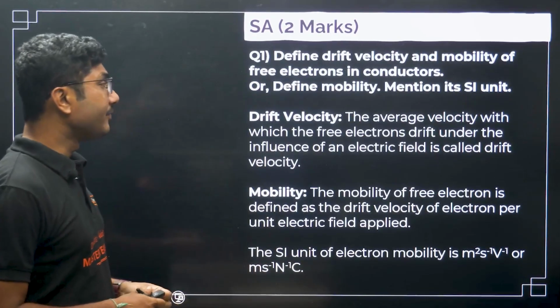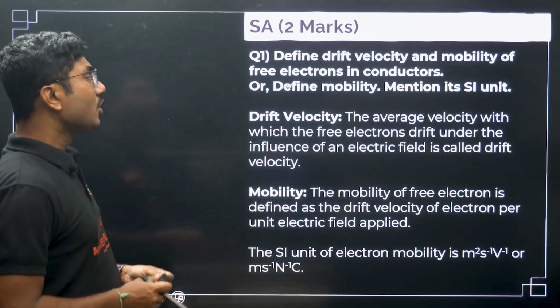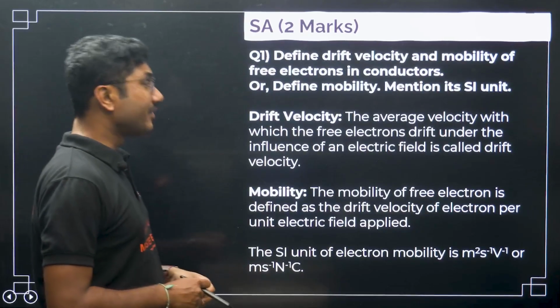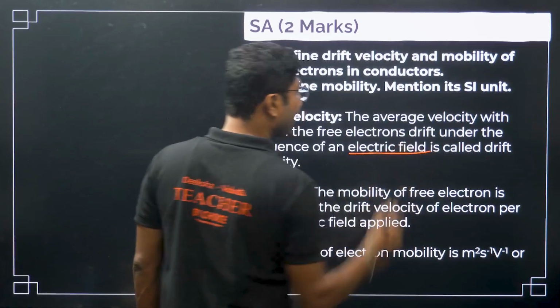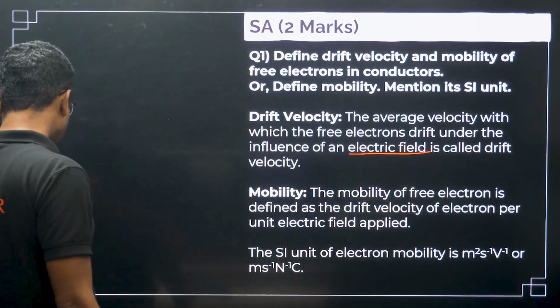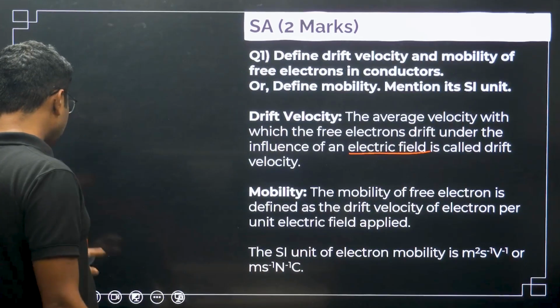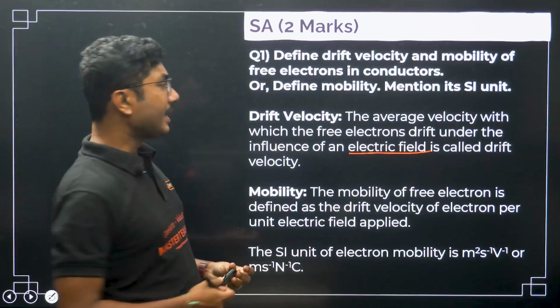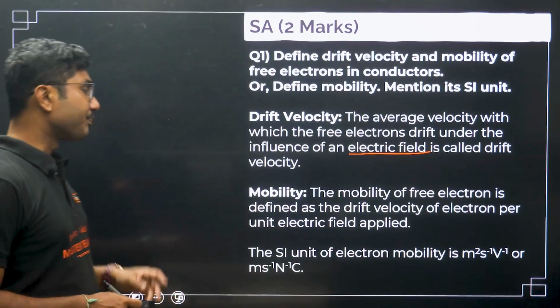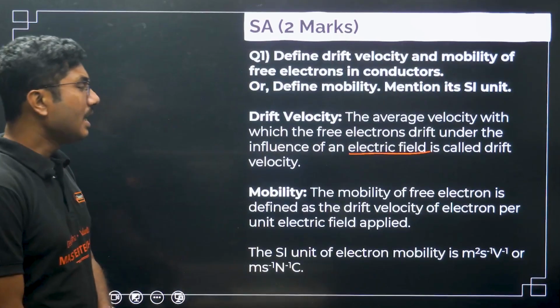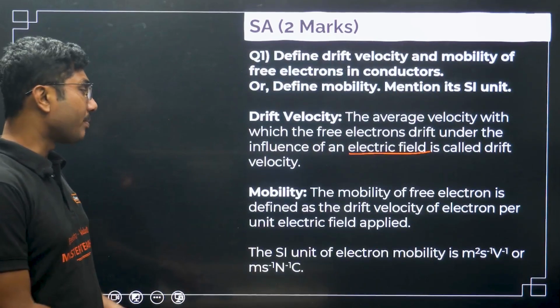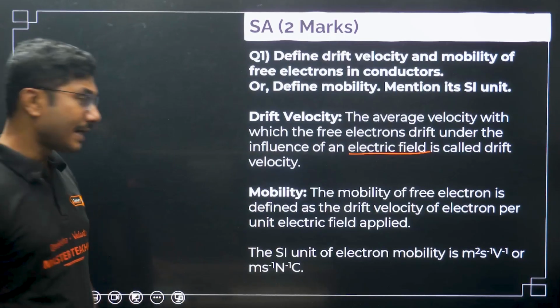Drift velocity is the average velocity with which the free electrons drift under the influence of an electric field. Very important to remember that it is under the influence of an electric field that it is called drift velocity. Now mobility of a free electron is defined as the drift velocity of the electron per unit electric field applied, right?